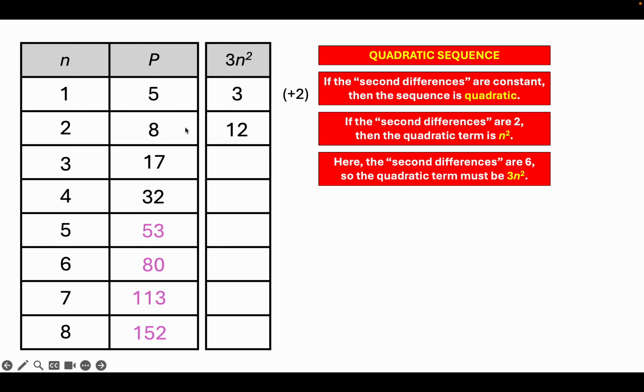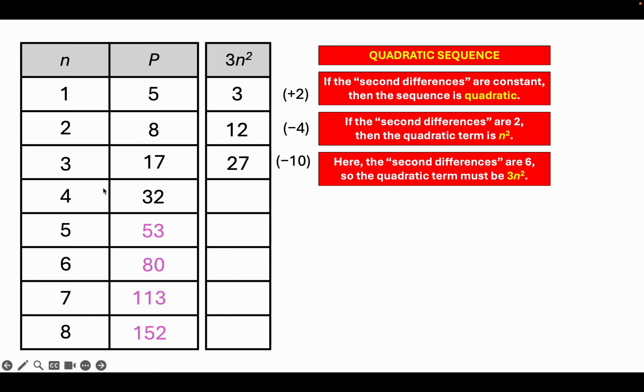But I actually wanted to get an 8. So to get where I wanted, I'd need to take away 4 from that. Next one. When n is 3, 3 times 3 squared is 27. But I actually want to get a 17. So to get to where I want, I'd need to take away 10 from that.